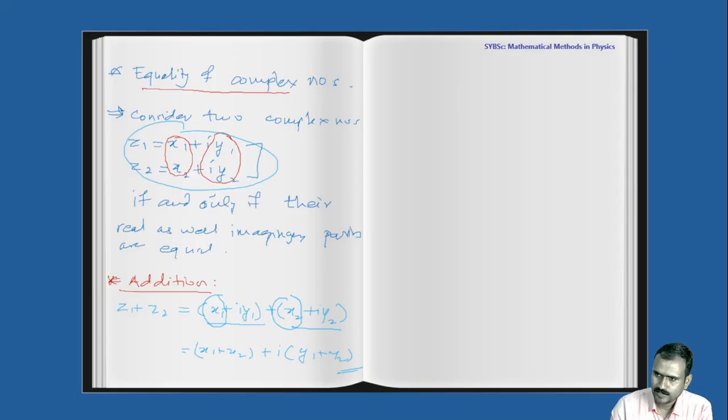Similarly, we can see the subtraction of these two complex numbers. z1 minus z2 is x1 plus iy1 minus x2 plus iy2.